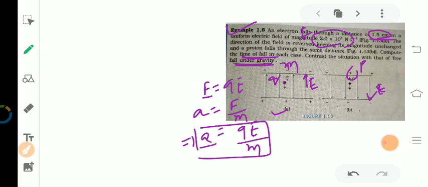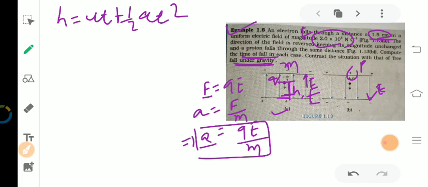Now due to this acceleration the particle will start moving as per the question. Suppose it falls through a height of h in time t. Okay, time taken is t. Then how can we write this h? Applying the second equation of motion, you know that h is equal to ut plus half at square.